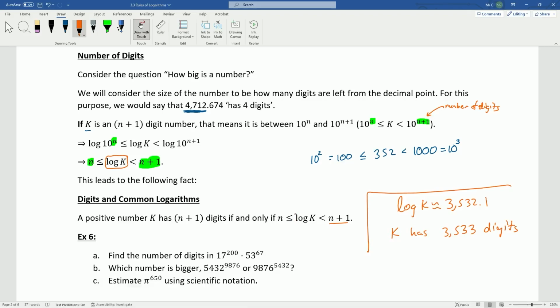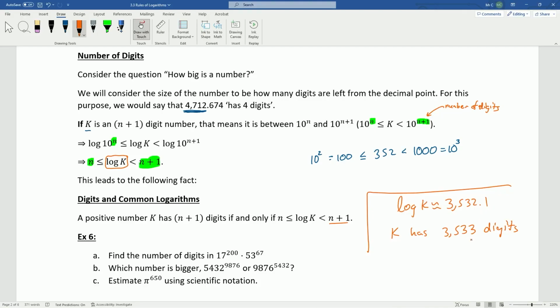The key here is that this is not rounding, and that's the really common mistake students make. Students often think, oh, this means round. Just round. Take log of k and round. That's not what it means. N plus 1 is always the next integer up. It's the next biggest integer. So if I take log of k and I got something like 3,532.1, it's the next integer up. That's 3,533. Right?